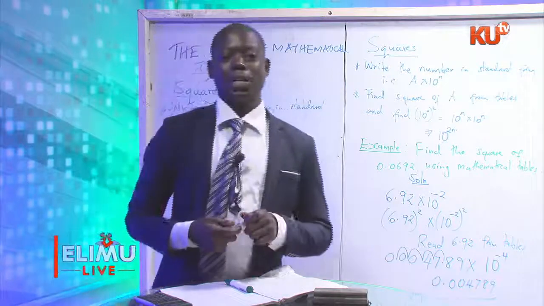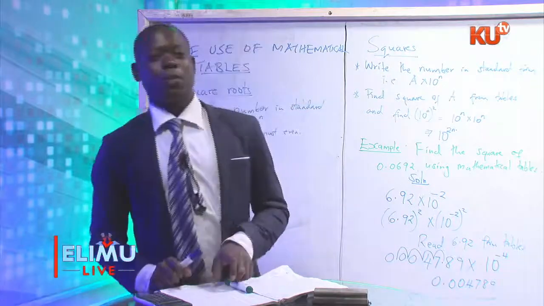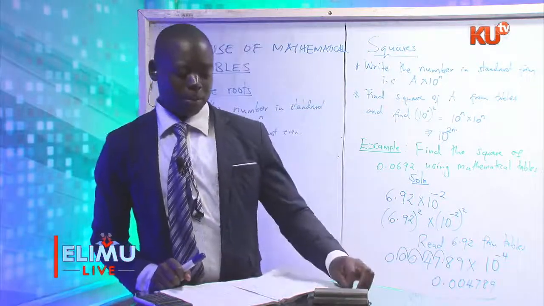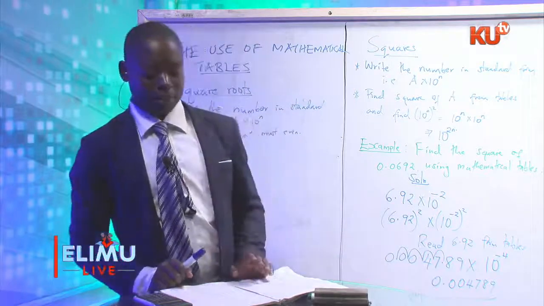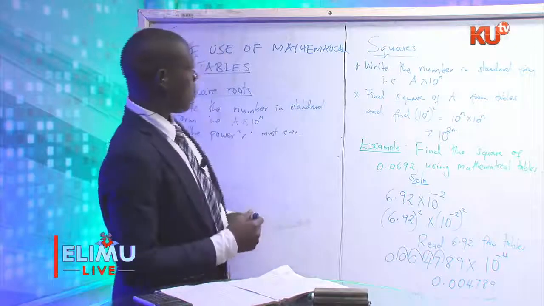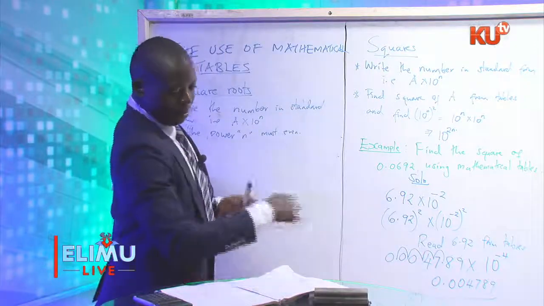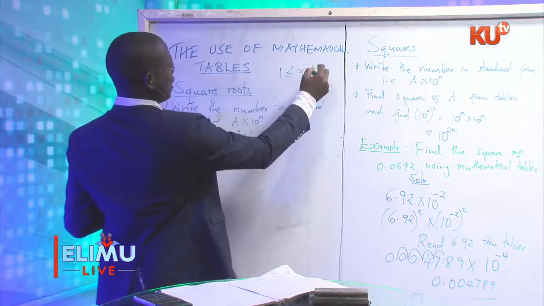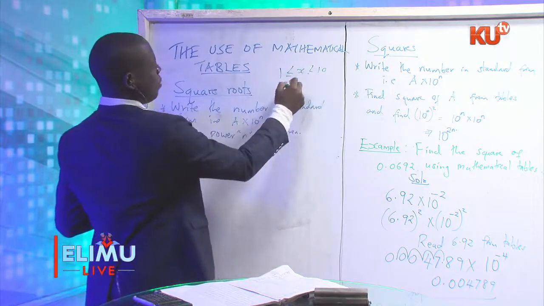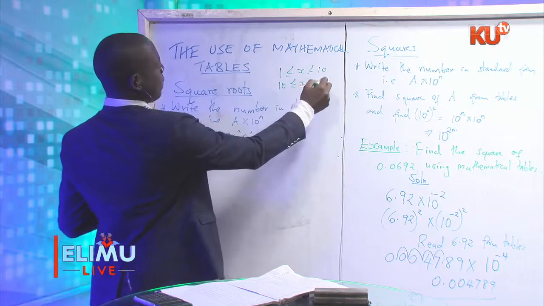And that explains why square roots in the mathematical table are divided into 2 parts. We have the square roots for numbers that are between 1 and 10, and the numbers between 10 and 100.